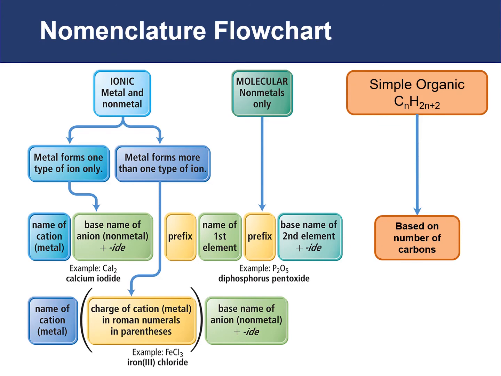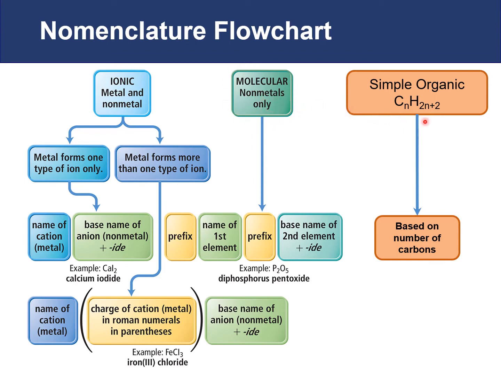When you're trying to determine the name of a molecule or compound, it's easiest to think of it in terms of a flowchart. First, what you should do is look at the chemical formula and determine, are you dealing with an ionic, a molecular, or an organic compound? Ionic compounds, again, are those that have both a metal and a nonmetal. Our molecular compounds are going to be those that have only nonmetals.